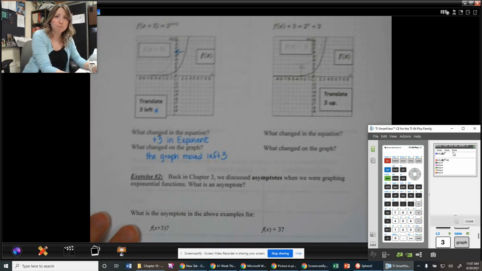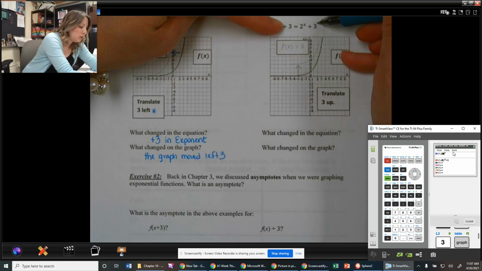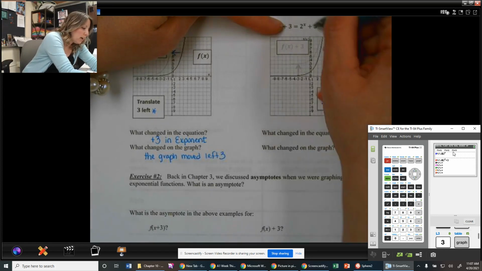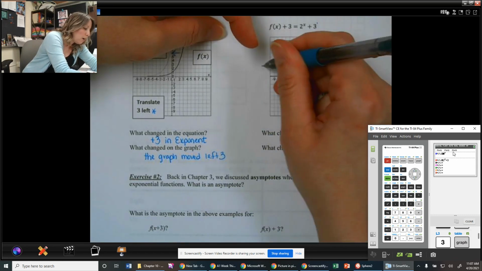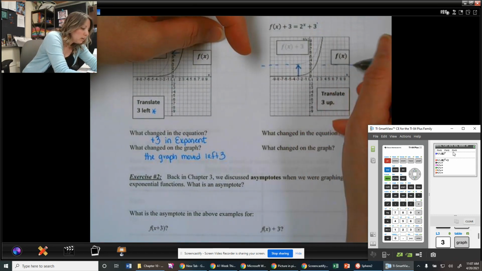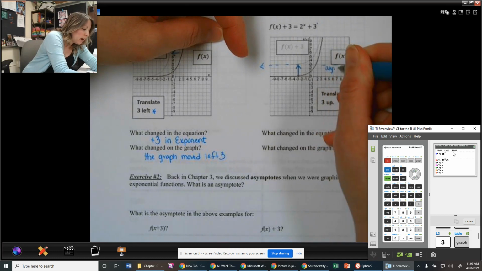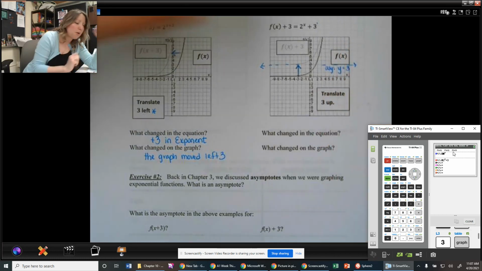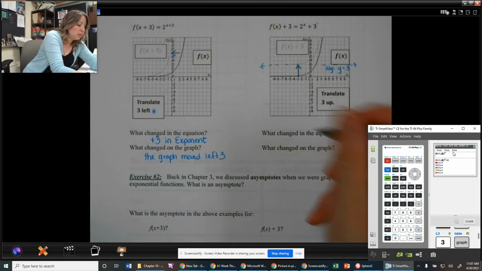Over here, we added 3 at the end of the equation, right? And look, the whole deal moved up 3, including our asymptote, which is now y equals 3. That's now our invisible barrier that we cannot touch or cross. So what changed in the equation?